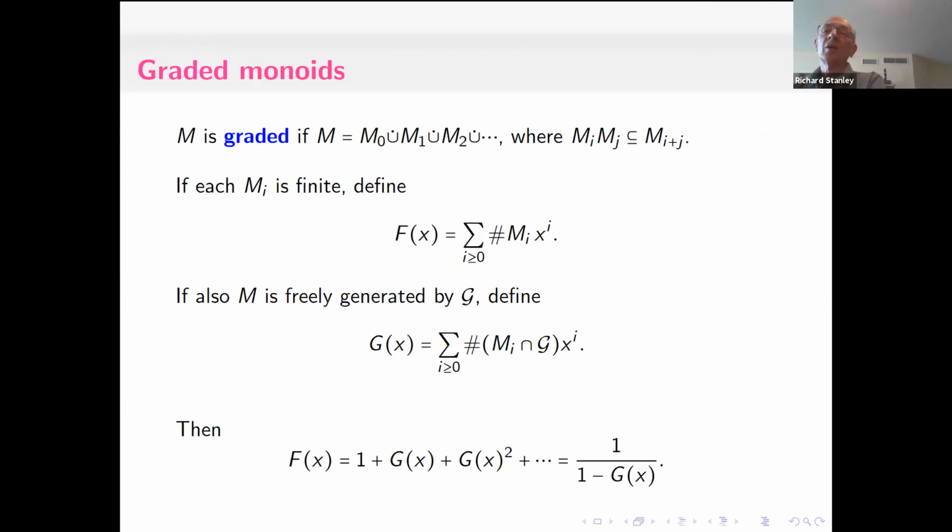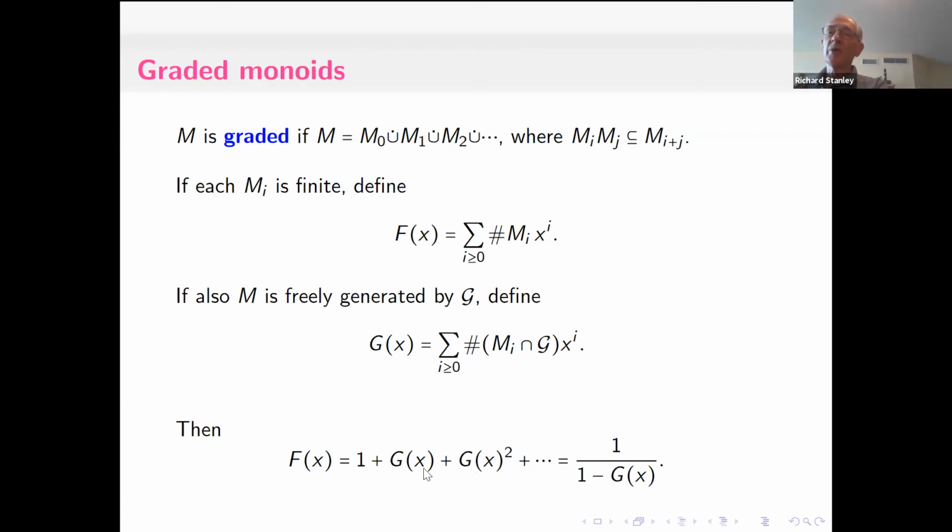You could write the first factor, you choose some word in script G, then the next factor, you choose another word, etc. So G of x squared is going to count those words which are products of two generators.